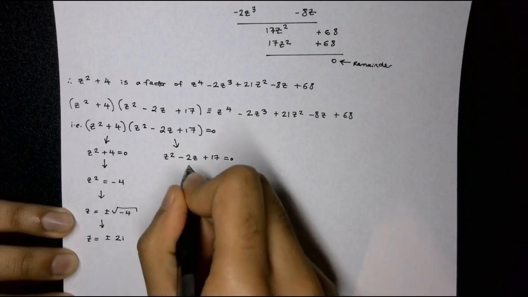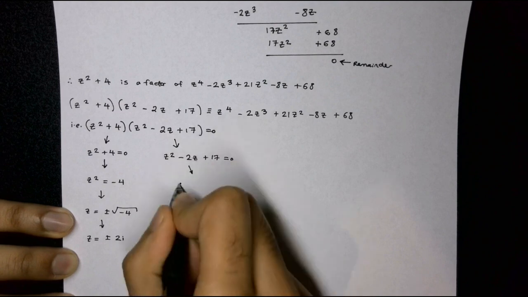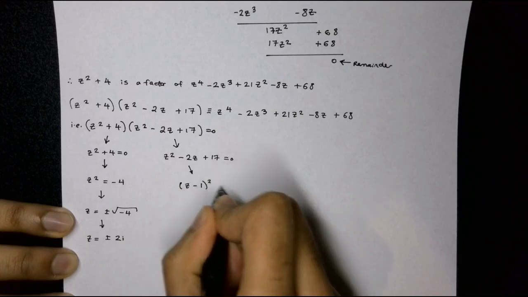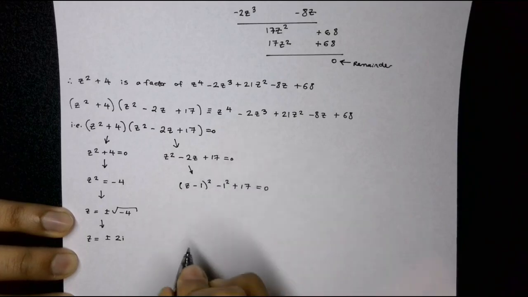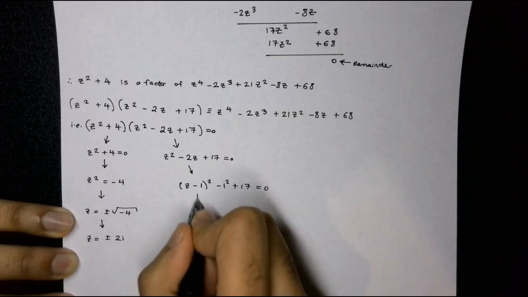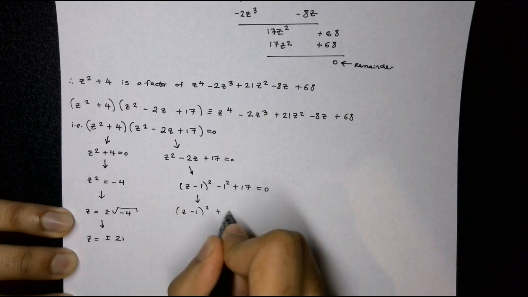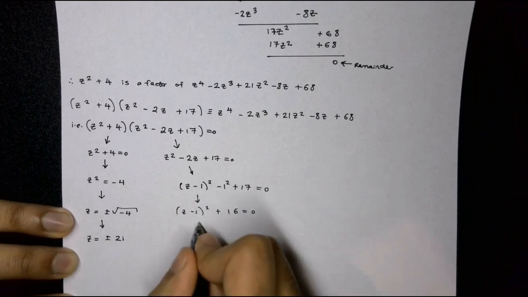And if we solve this equation, we can complete the square. So we've got z minus 1 all squared minus 1 squared plus 17 equals 0. Solving this, z minus 1 all squared plus 16 is equal to 0.